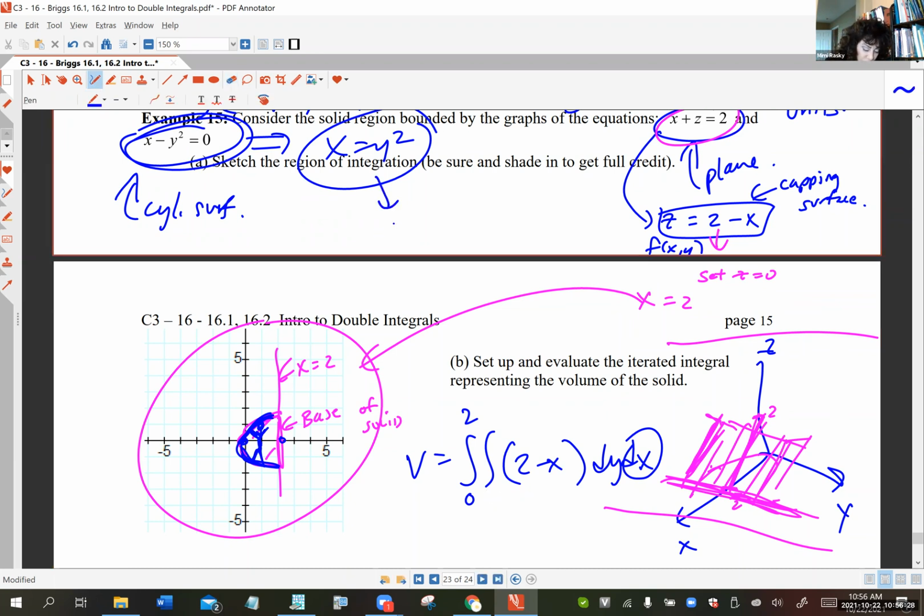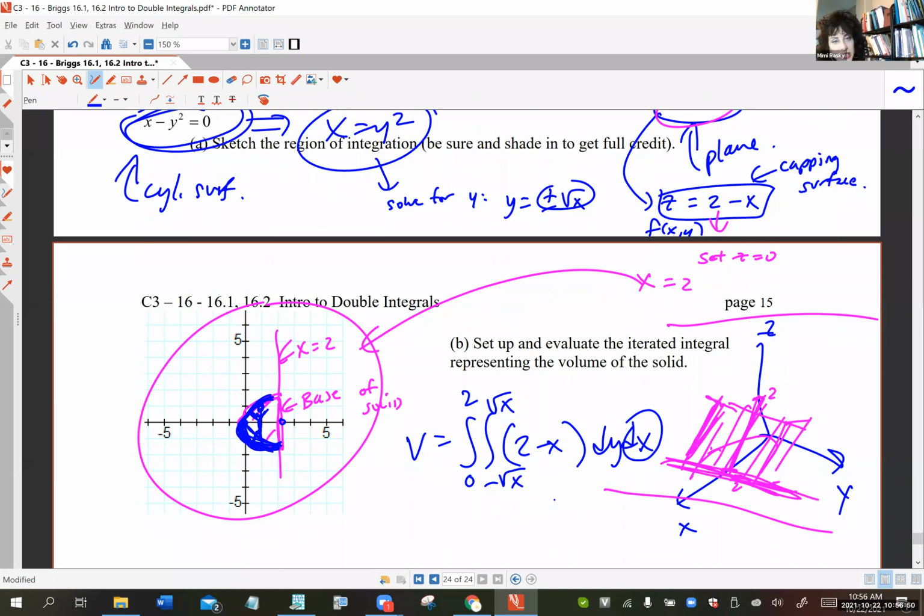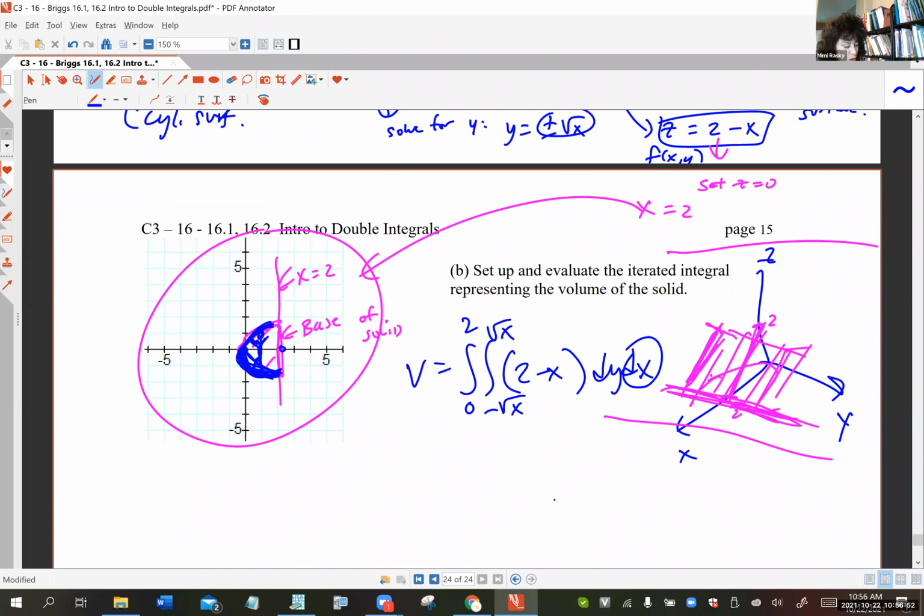So what you're going to do is solve for y, and you're going to get that y can be plus or minus the square root of x. So I claim that the positive square root of x is the upper limit for y, and then this bottom part of the parabola is the graph of negative square root of x. And so there you go. And you can definitely integrate this integral. It's not hard, but you are going to have to integrate stuff that has square roots in it. So it gets a little bit messy.